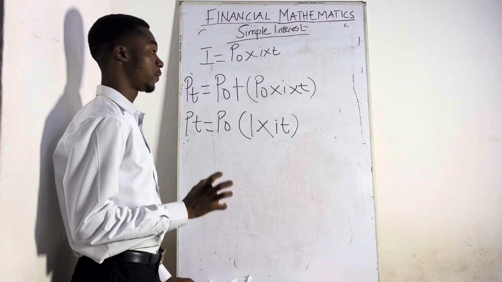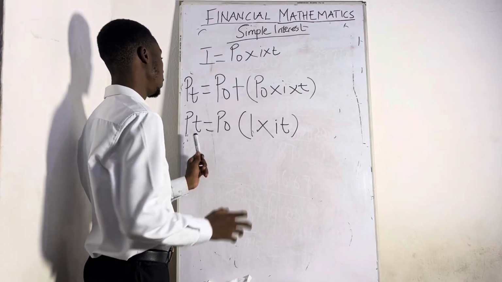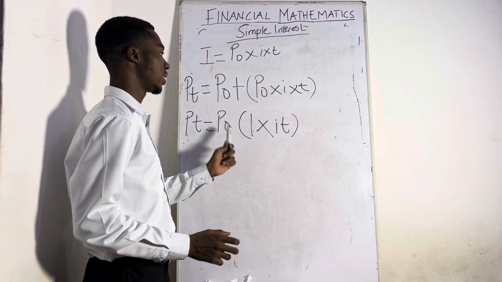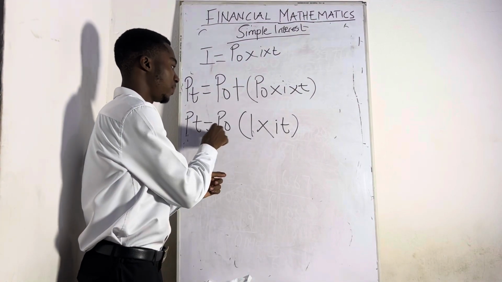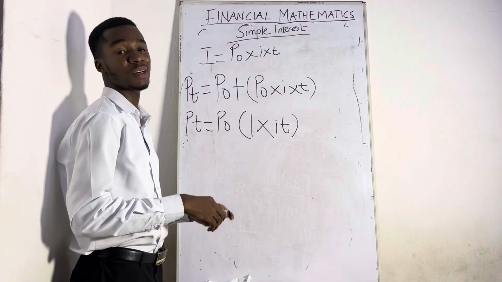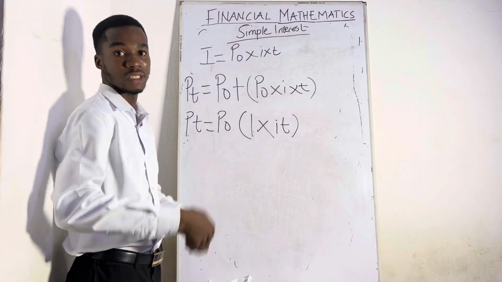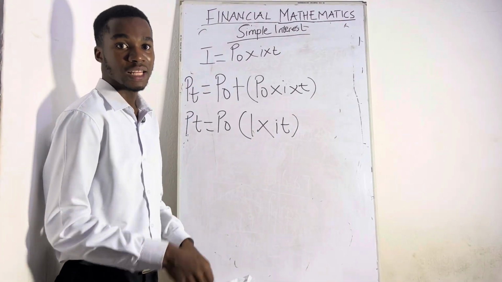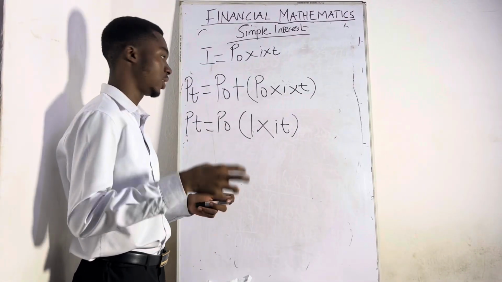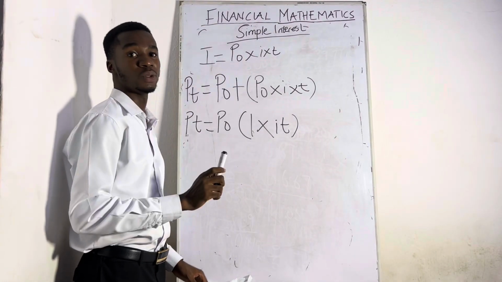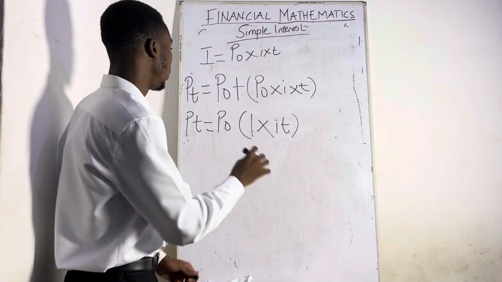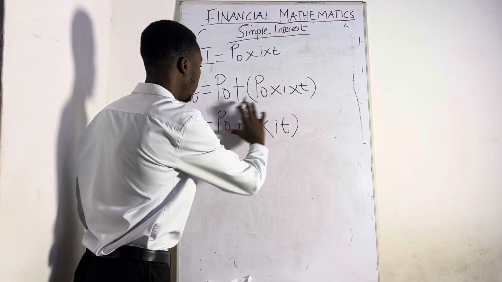So just put to your mind the formula for the future value, which is PT, is equal to P0 into brackets 1 plus IT. The P0, the amount of money you're investing, is also the same as the present value. How much you're going to invest at that particular point, and how much you're going to get after they've given the interest is the PT. So if I want to make P0 the subject, which is the present value, I can just divide both sides by what is multiplying P0.